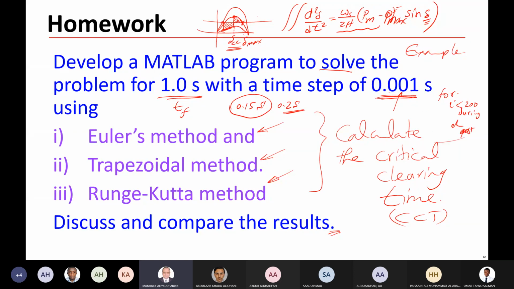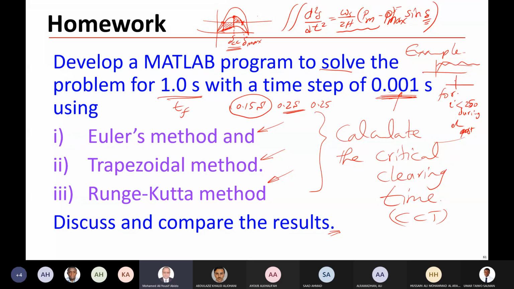And I run. At 0.2 seconds, I found the system is stable, when delta is increasing and then decreasing again and so on. That's fine. So let me go to 0.25 seconds. Now I will carry out 250 iterations during the fault. I will run and see.